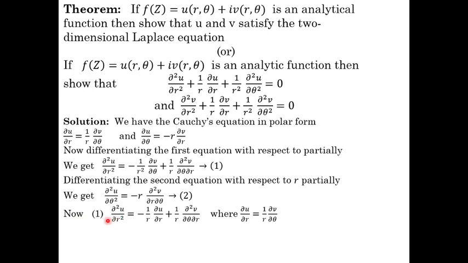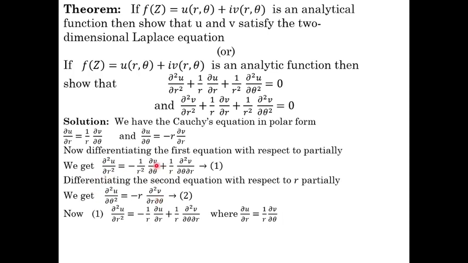Now we can rearrange equation 1. ∂²u/∂r² is equal to minus 1/r² ∂v/∂θ. By using the CR equation, what is ∂v/∂θ? Because the LHS has only the function u, not v, among equations 1 and 2 we can replace the function v in terms of u.